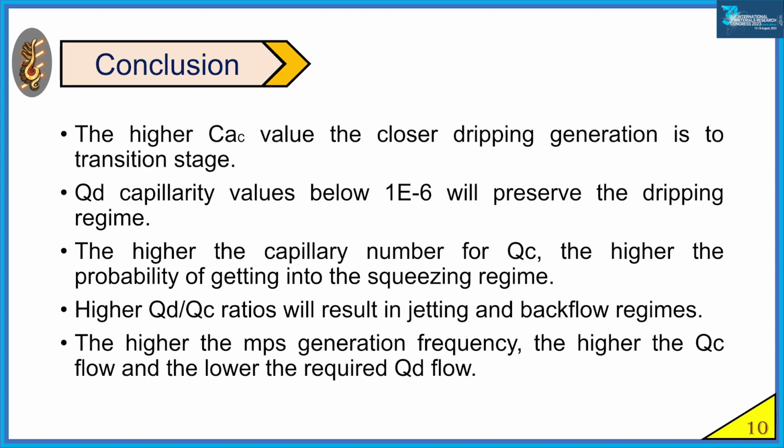Higher QD and QC ratios will result in jetting and backflow regimens. The higher the microparticle generation frequency, the higher the continuous phase flow and the lower the required dispersed phase flow.